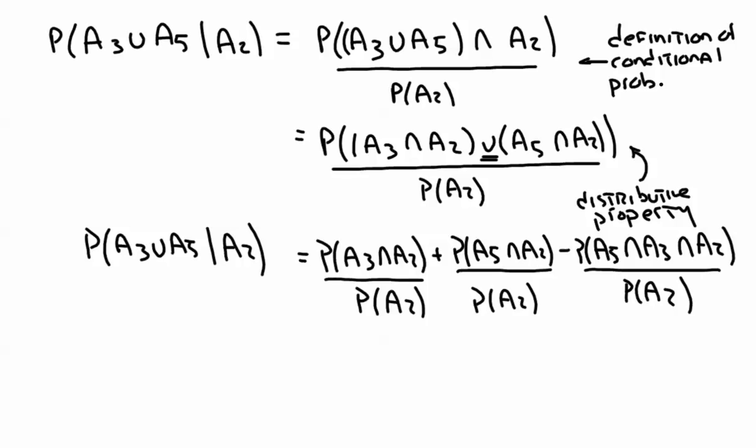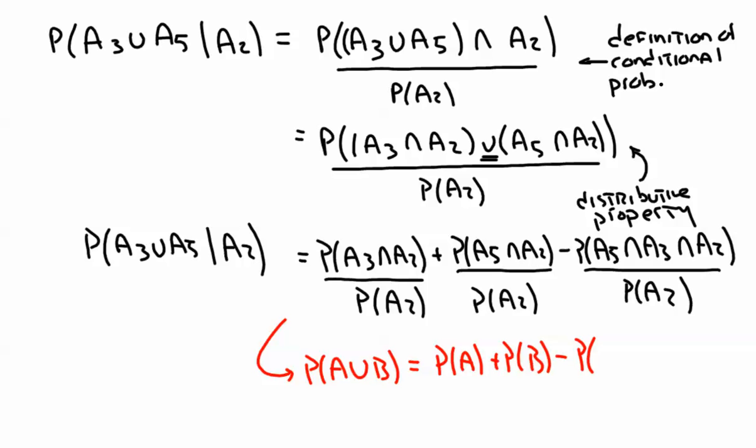Okay? And here in the numerator, I've applied the relationship we derived earlier. Probability of A union B equals probability of A plus probability of B minus probability of the intersection, if they are not necessarily mutually exclusive events.